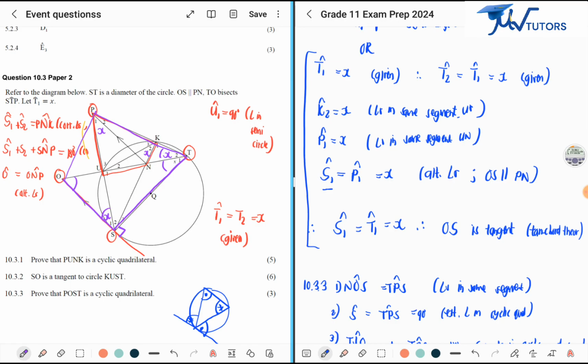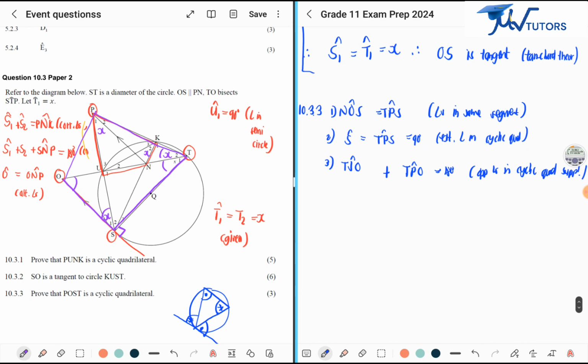Okay, so now, what would T2 or S2 be? S2 would also be X, but do I need it? Okay, let's see what we can show there.